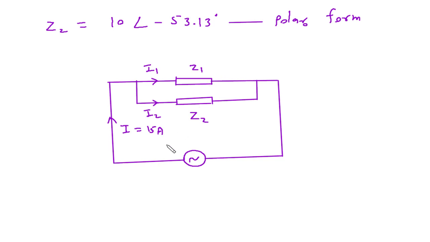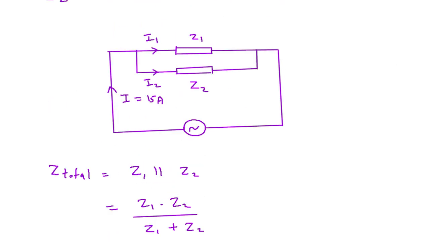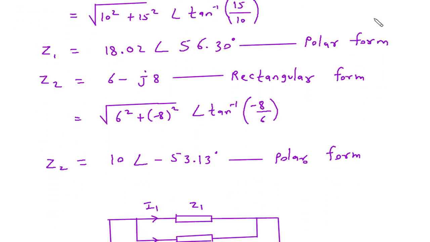Now we will find total impedance. Z total will be equal to Z1 parallel with Z2. So it will be Z1 into Z2 divided by Z1 plus Z2. Now here for the numerator we are doing multiplication of Z1 and Z2. So we will take Z1 and Z2 in polar form.